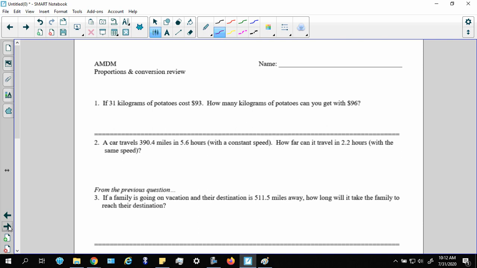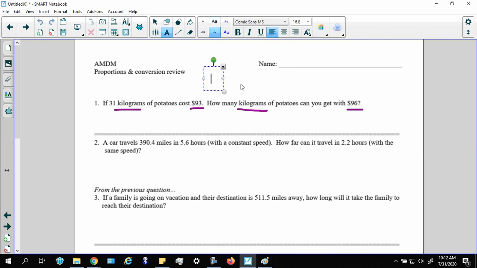But like question number 1, you have 31 kilograms of potatoes, and they cost $93. How many kilograms can you get for 96 bucks? So again, relatively simple. You are comparing kilograms to money.